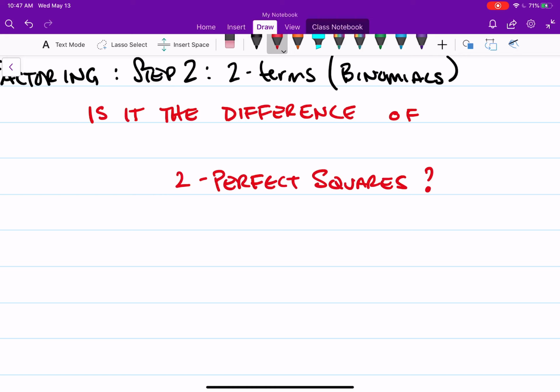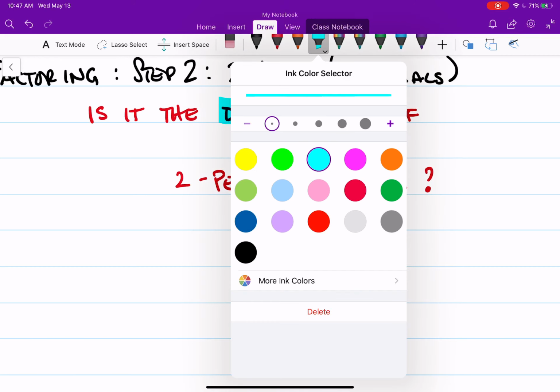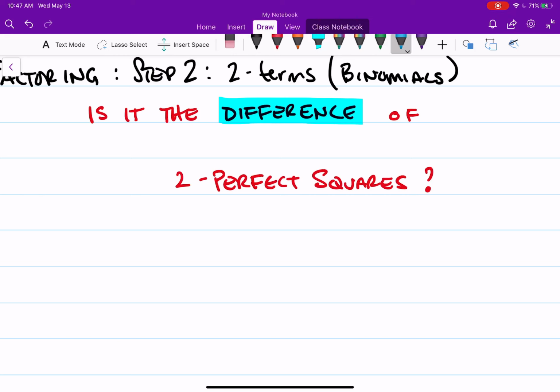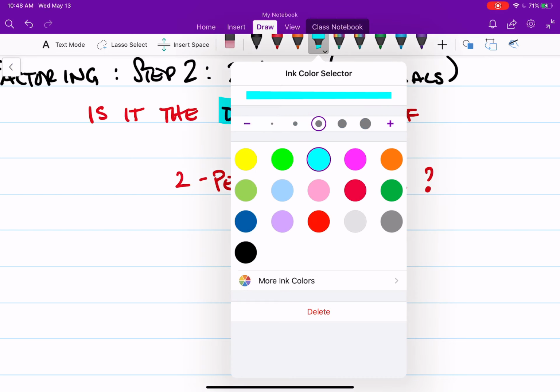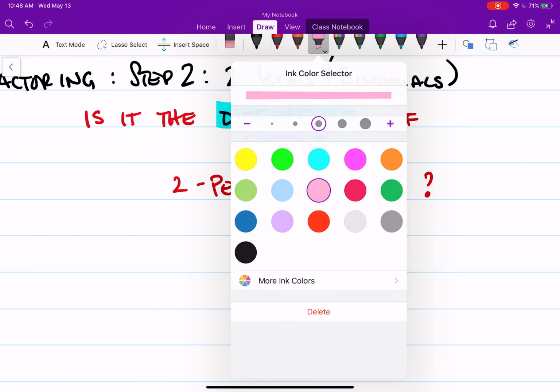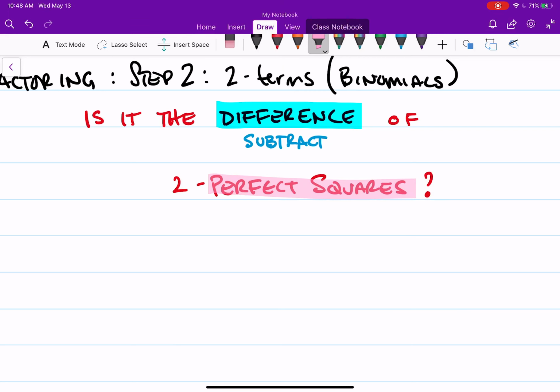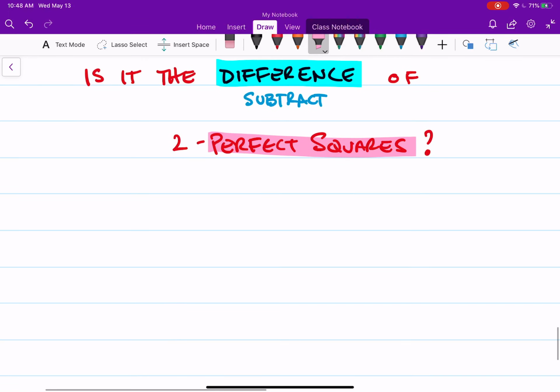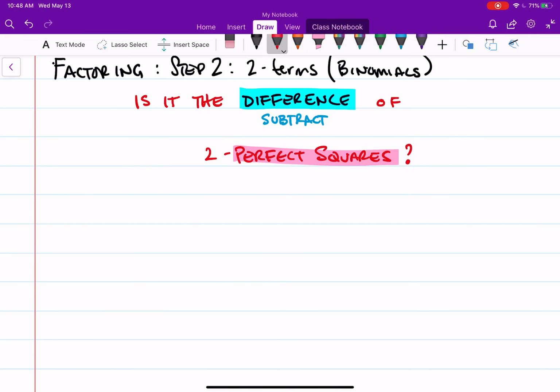So the word difference means what? It means subtraction. Okay? So I didn't really need to make that small. Okay. All right. And then the word perfect square. What are those? Okay? So let's talk about that. Okay? Perfect squares.